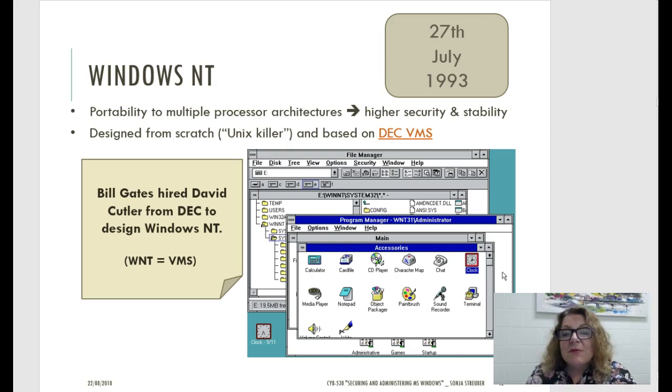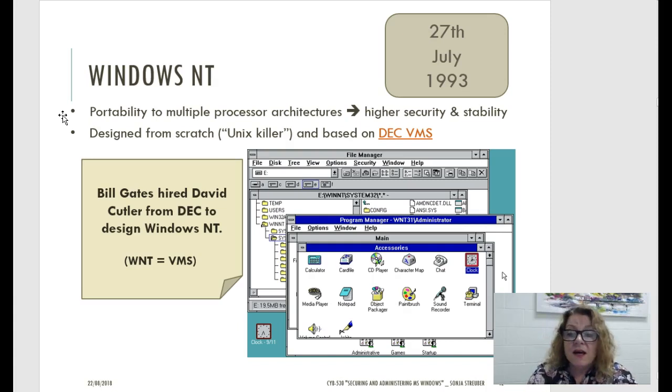So then that was followed by Windows NT, which was the beginning, the real beginning of the Windows Server area, and why that was we'll see in a little bit when we look at more of the Windows ecosystem. And Windows NT came out in 1993, and all of a sudden we're looking at not just a single processor architecture but a multiple processor architecture.